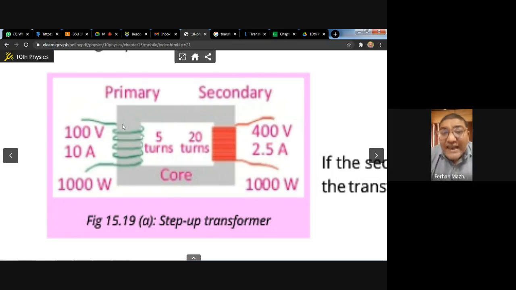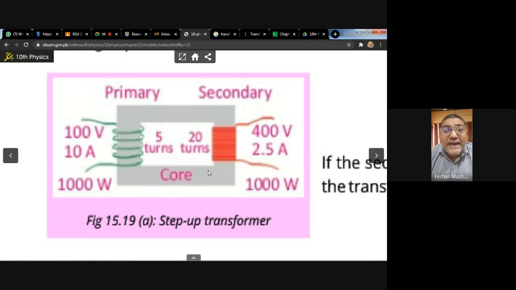And when this upper side becomes north, the magnetic lines will flow in a clockwise manner. You see, due to the alternating current in the primary coil, the magnetic lines flowing in the iron core are also changing. So due to this changing magnetic flux, because in one moment the magnetic lines will be flowing anti-clockwise, and in the next moment they will be flowing clockwise in the iron core.